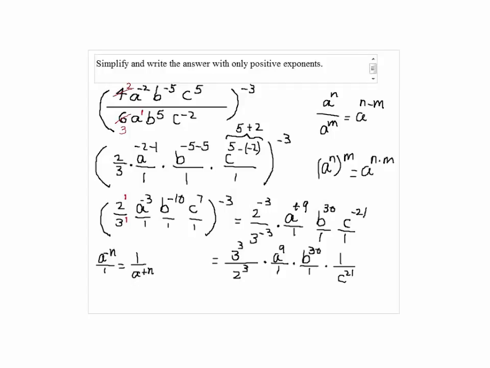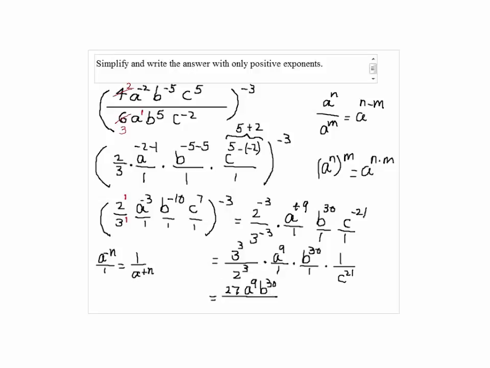But I don't have to change a because that's already a positive exponent, and b also stays the same. However, c would be 1 over c to the power of 21. So all these have positive exponents.